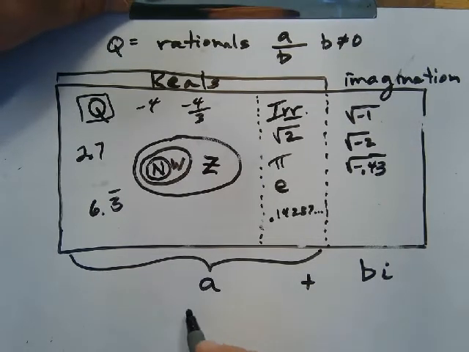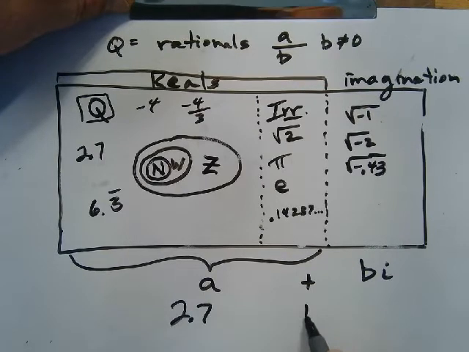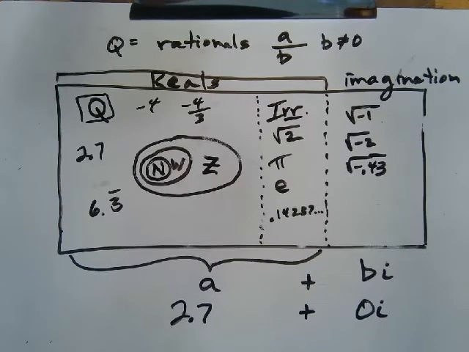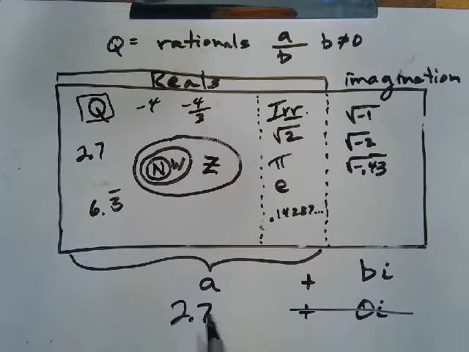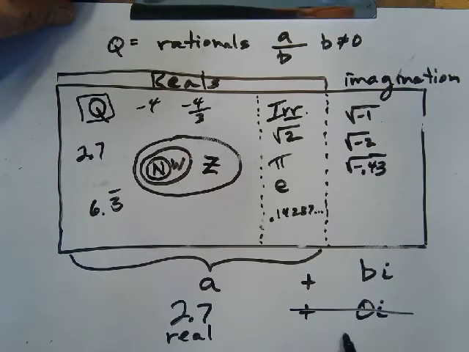You may have had something like 2.7 + 0i. Well, 0i is just 0, so you never really saw that. They just didn't bother to write it. But it's been there all along. And so the real part is here, and the imaginary part is here.